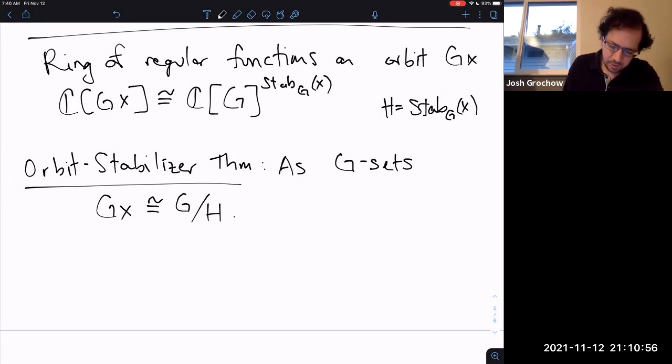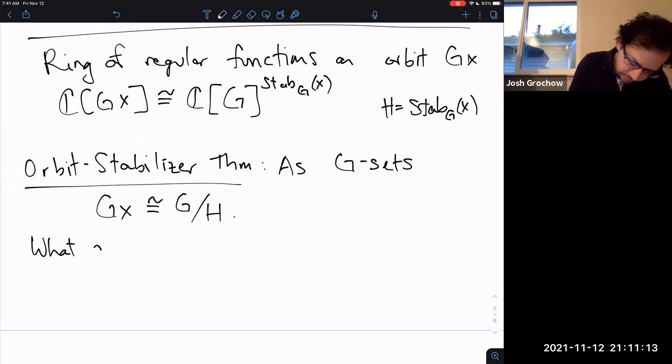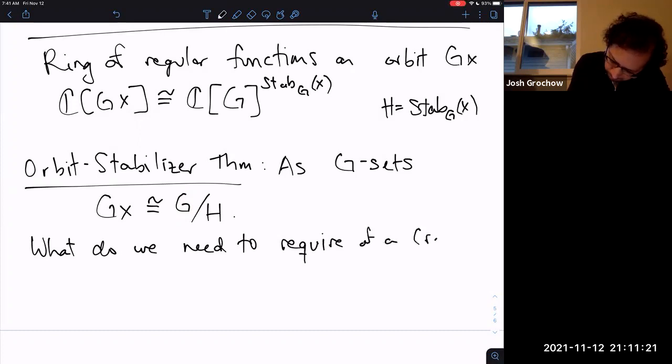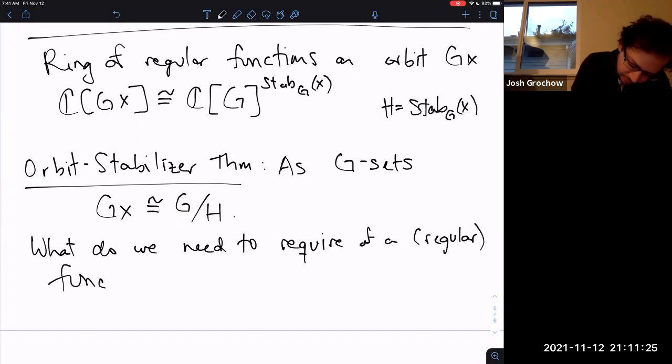Okay, so if I want a function on the orbit, one thing I can ask is, what do I need to require of a function on G so that it gives me a well-defined function on the orbit? What do we need to require of a regular function, I guess?